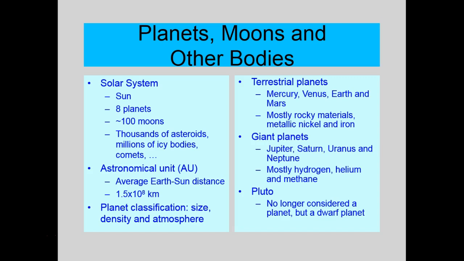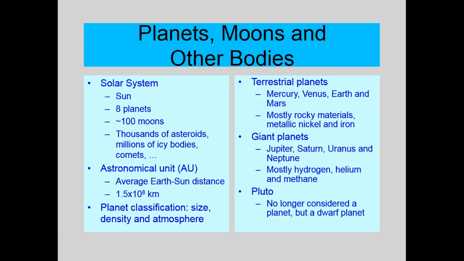So the numbers are pretty close to each other, but that's in kilometers, this is in miles. Okay. Now, we only use astronomical units when we're talking about the solar system. They are way too small to talk about anything beyond the solar system. And even then they're pretty small compared to many things in the solar system. But that's what one astronomical unit is, the average Earth-Sun distance.